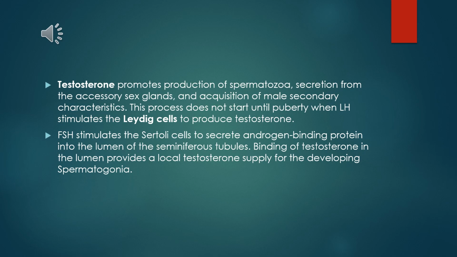So this process does not start until puberty, when LH stimulates the Leydig cells to produce testosterone. Then FSH or follicle stimulating hormone stimulates the Sertoli cells to secrete androgen binding protein into the lumen of the seminiferous tubule. So binding of testosterone in the lumen provides a local testosterone supply for the developing spermatogonia.